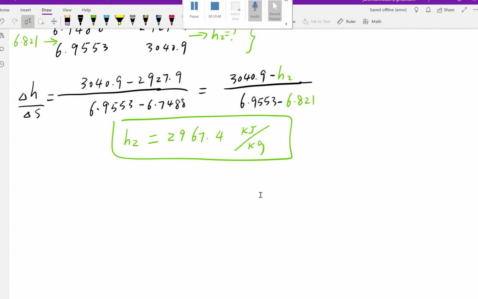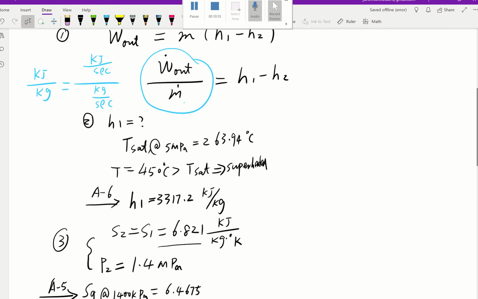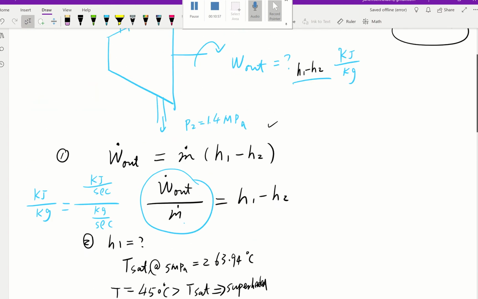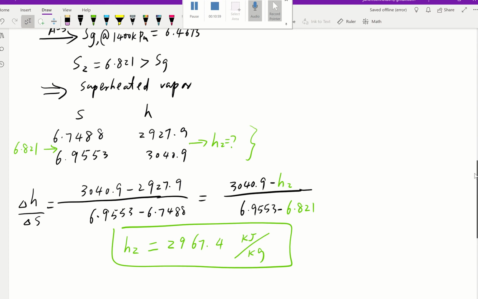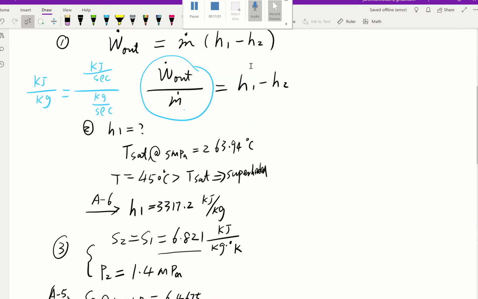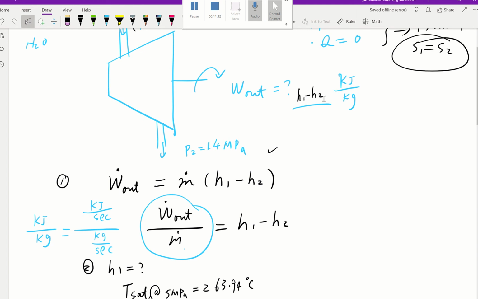I apologize, my Surface Pen doesn't work right now, but I think we're at the end. You can just plug your H1 and H2 into this step, and we get our answer as 349.8 kilojoule per kilogram. That's the turbine output per unit mass. All right, I'll see you at the next one. Bye now.